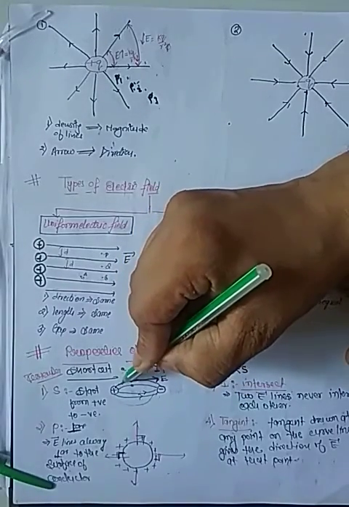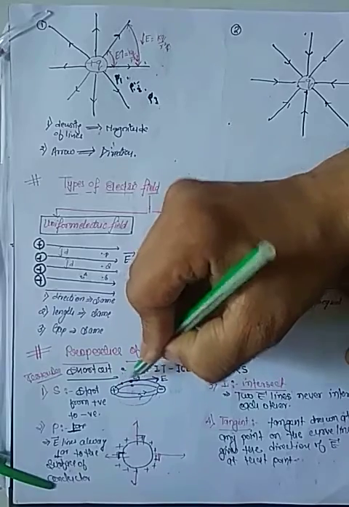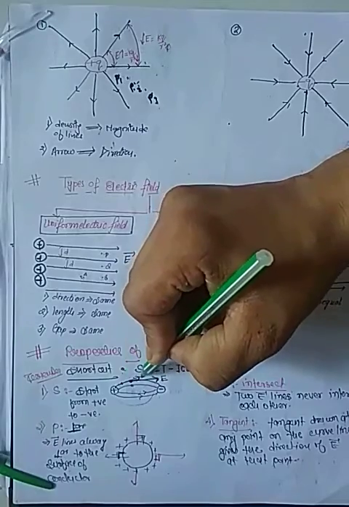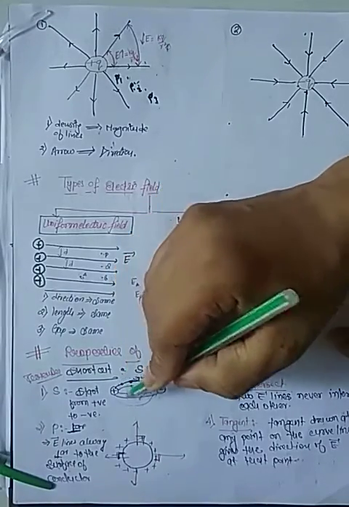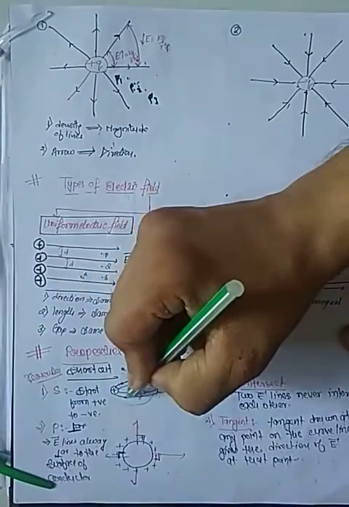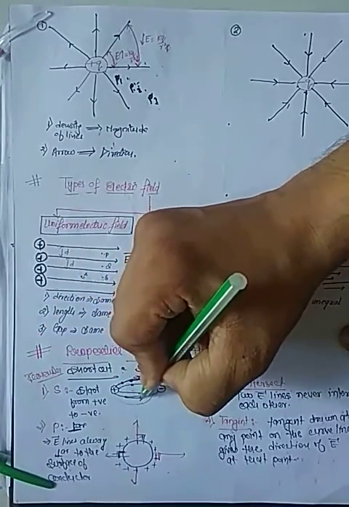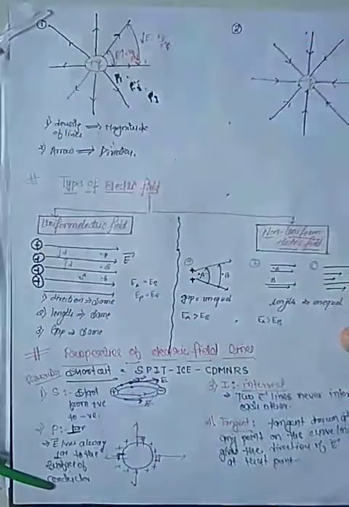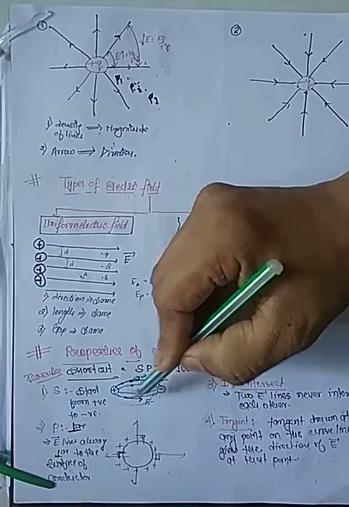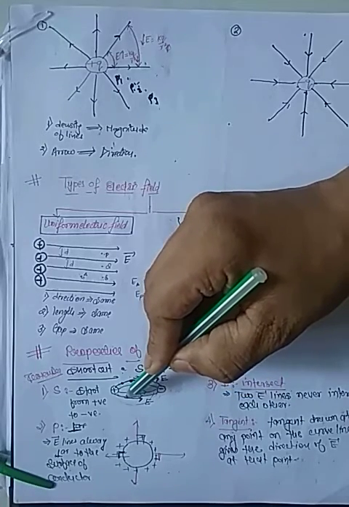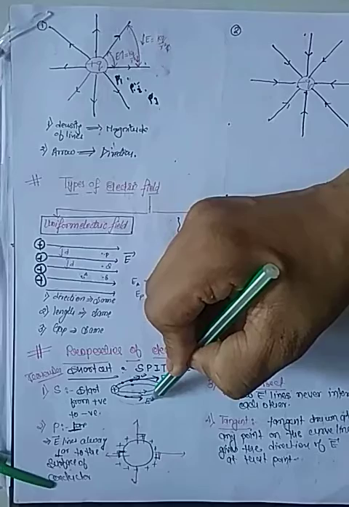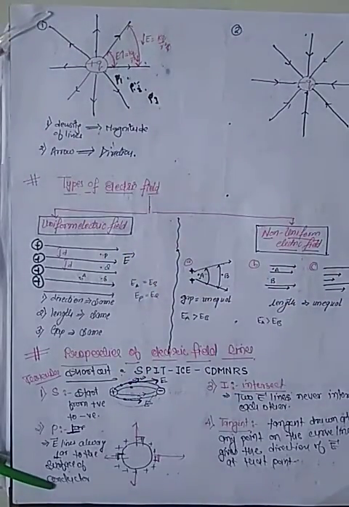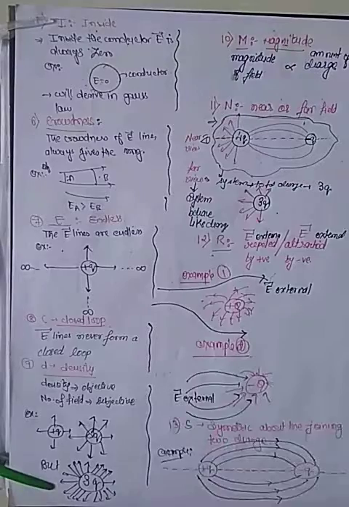Similarly, at another point, the tangent drawn gives the direction of the electric field for that point only. So at every point on the curve, the tangent gives the direction of the electric field at that point. This is the fourth one.